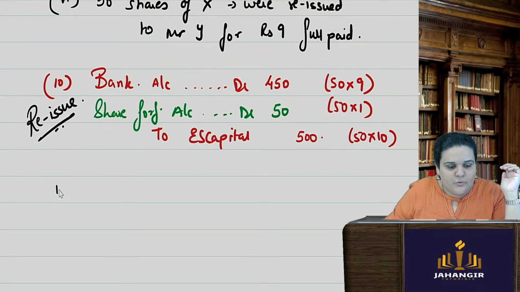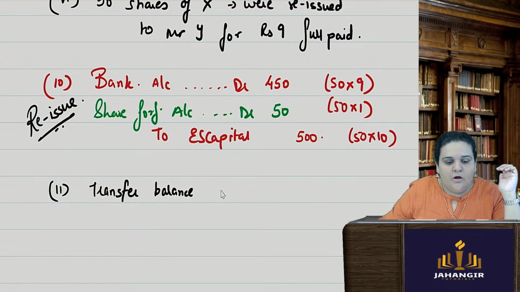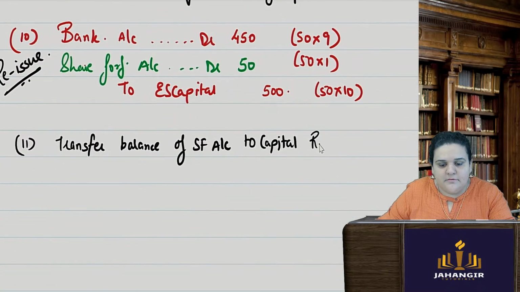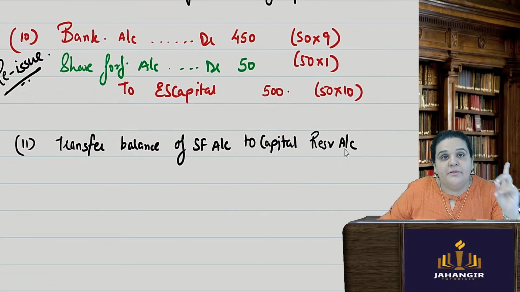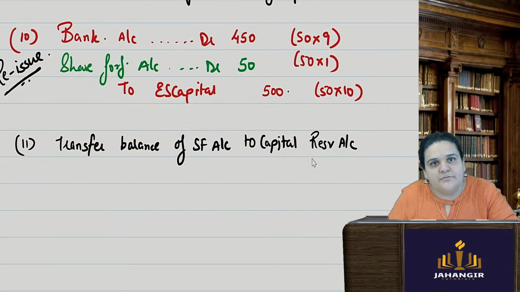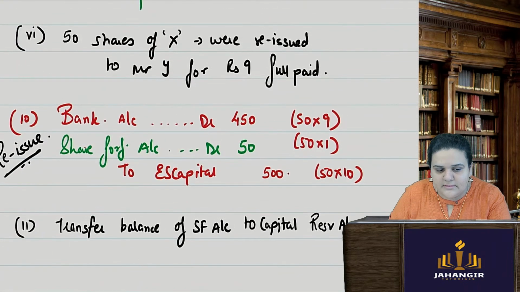So I will have to transfer the balance of share forfeiture account to capital reserve account. This will be your last journal entry. Whatever is the balance remaining in the share forfeiture, you have to transfer it to the capital reserve.